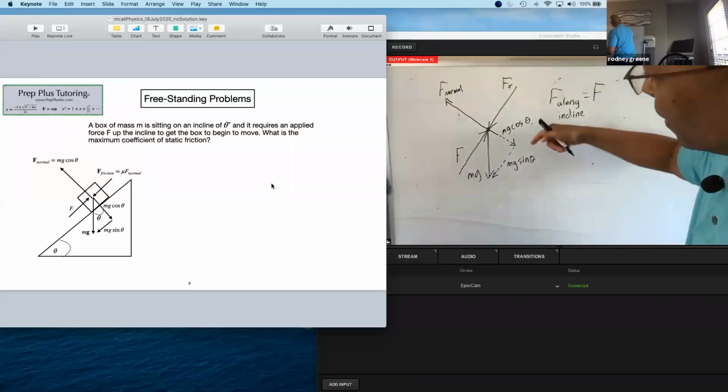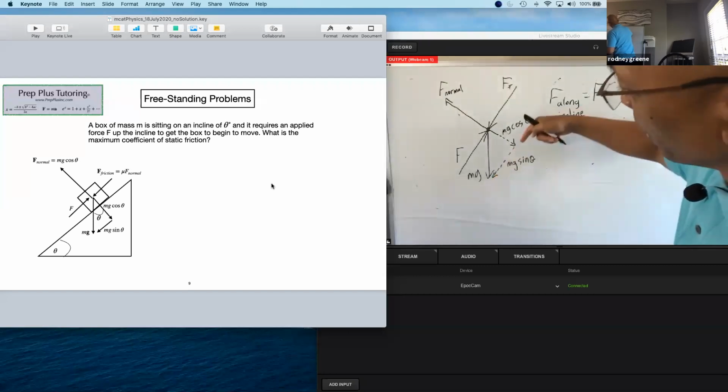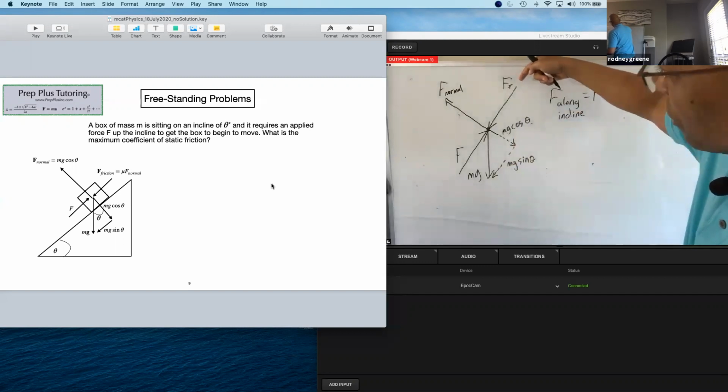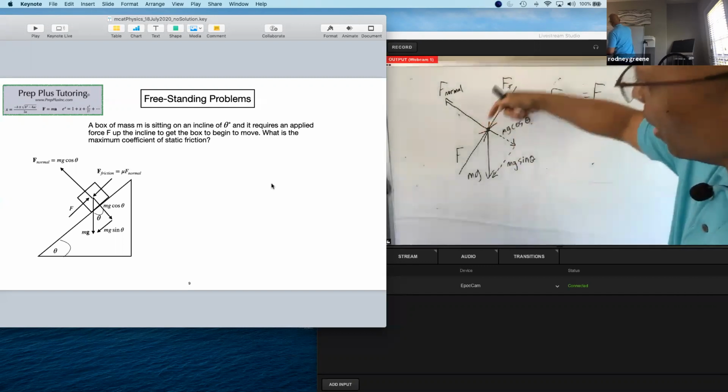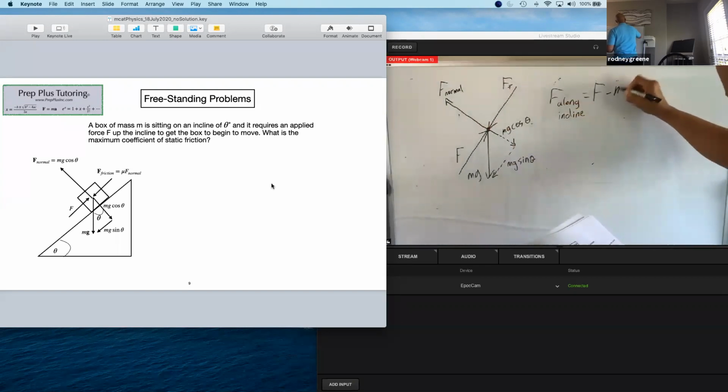You have this force due to gravity going down the incline, and you also have the force due to friction also going down the incline. So we have minus mg sine theta.